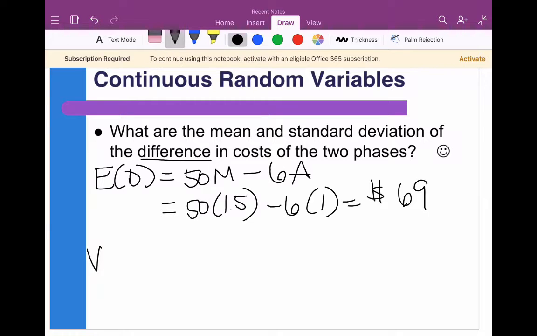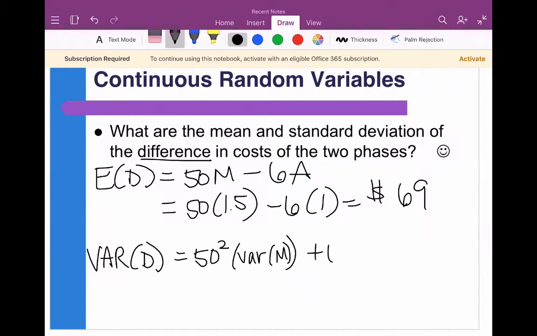So the variance of the difference is going to be 50 squared times the variance of mechanical plus 6 squared times the variance of the appearance. Again, we're going to have to use the standard deviation and square it to find our variance.